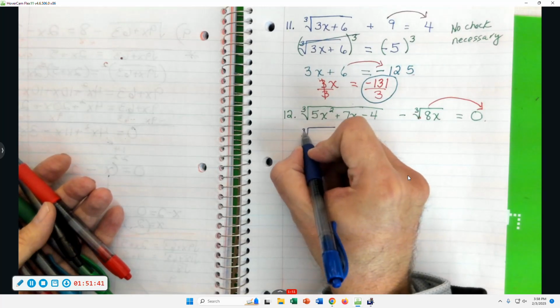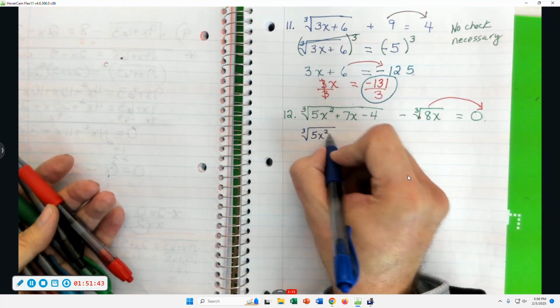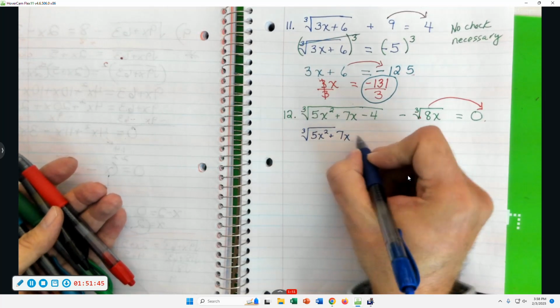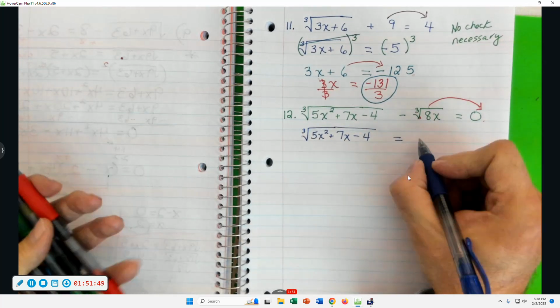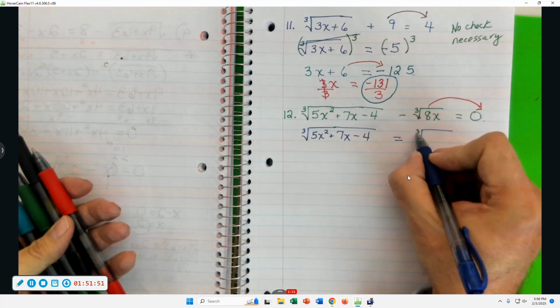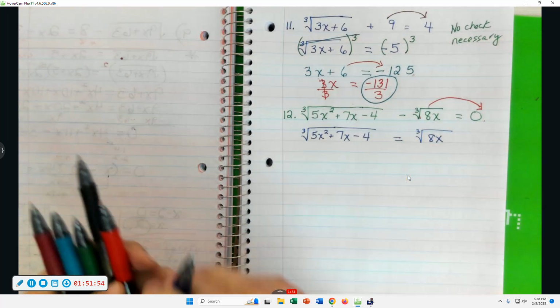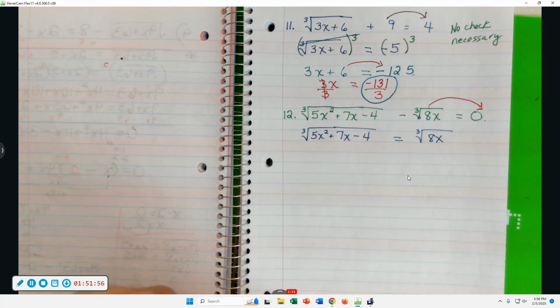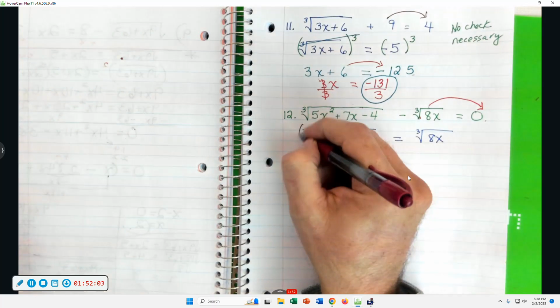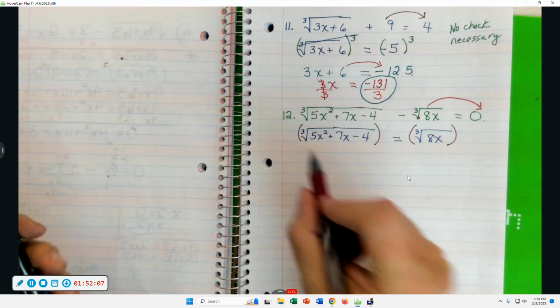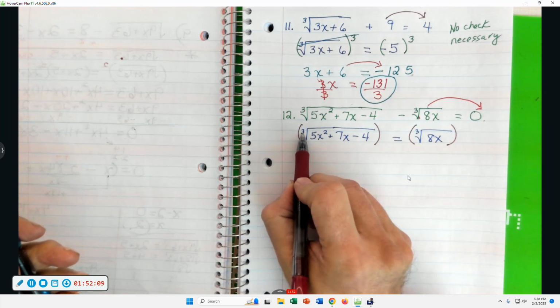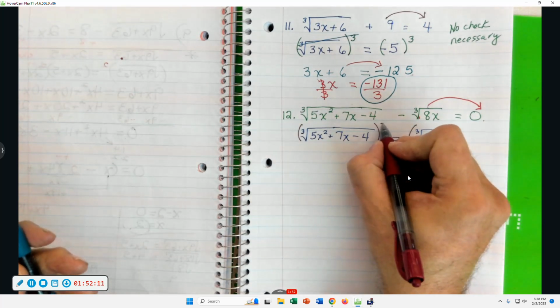So we have the cube root of 5x squared plus 7x minus 4 equals the cube root of 8x. What exponent will I use on both sides to cancel out the cube roots? Cube root, so it's got to be a cube.